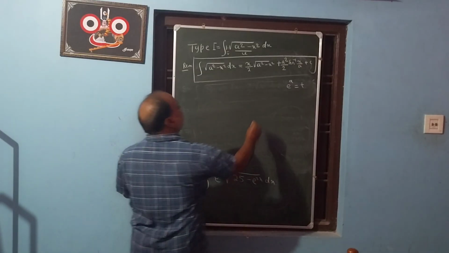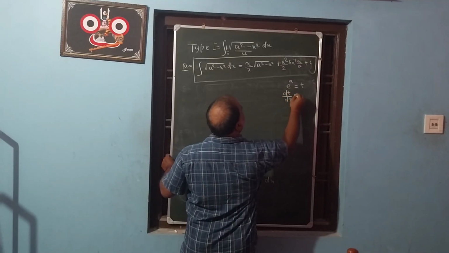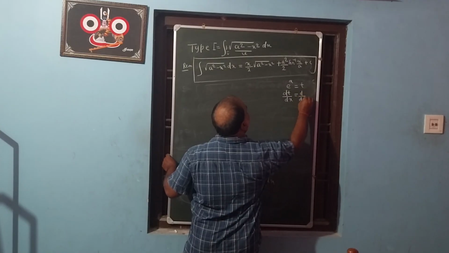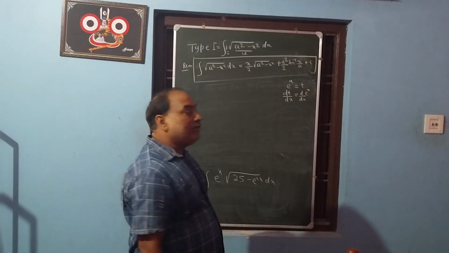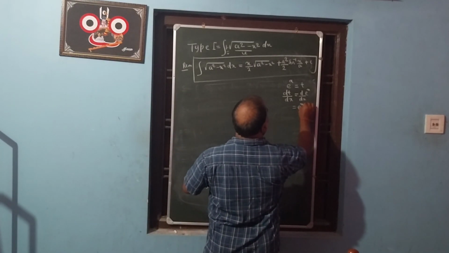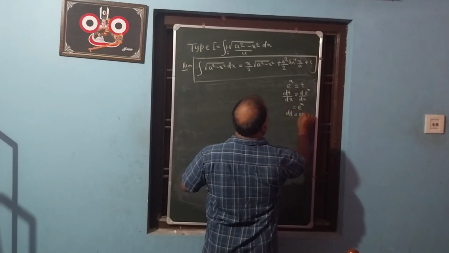We get dt by dx is equal to d by dx of e to the power x. We know the derivative of e to the power x is e to the power x. So dt is equal to e to the power x into dx.